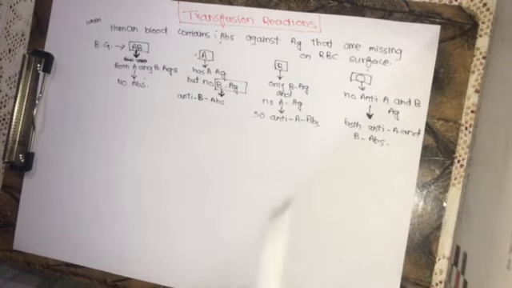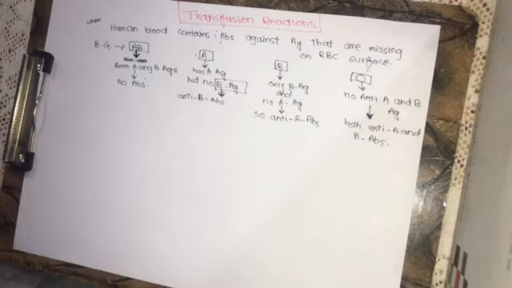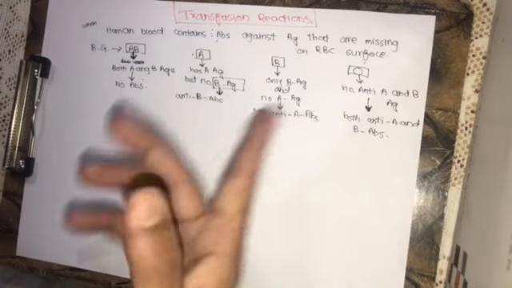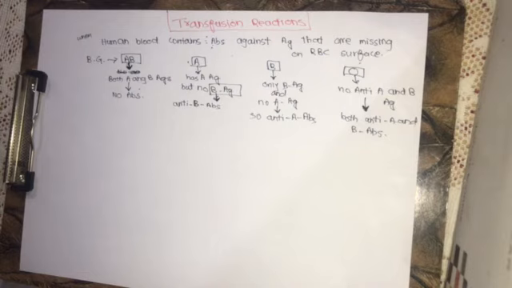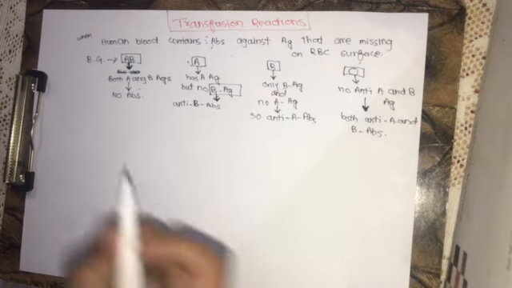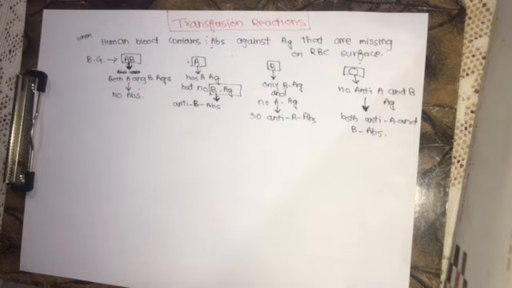When it has no antigen, it's gonna form antibodies against both of the antigens that are missing. In this case, both A and B antigens are missing, so there will be anti-A and anti-B antibodies. So I hope you got the concept.